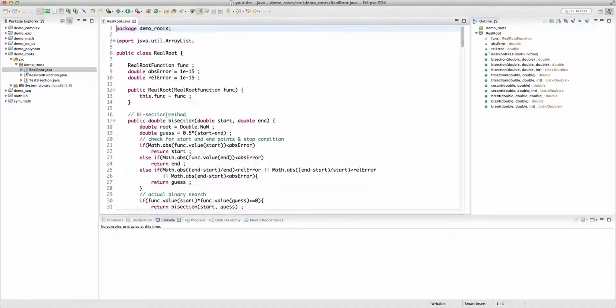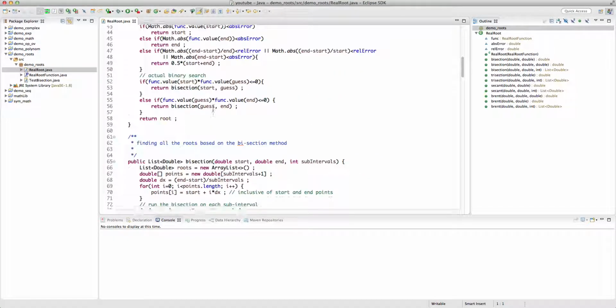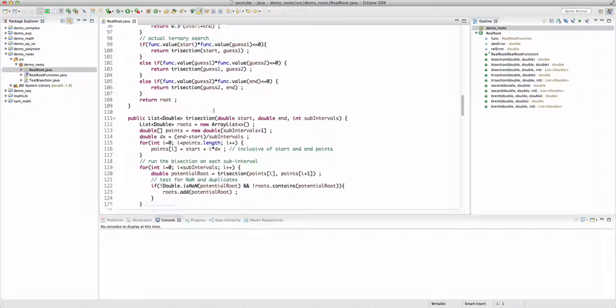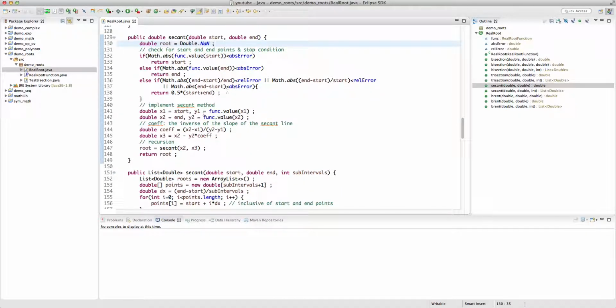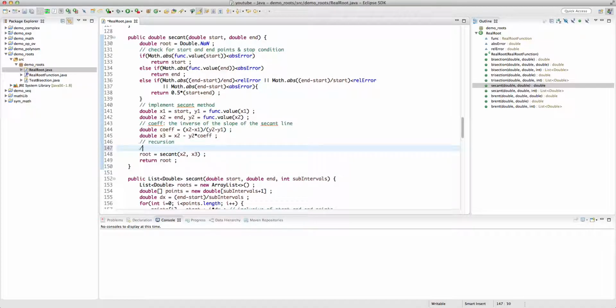So I'm going to go to the real root class, and in the secant method, instead of just going into x2 x3, I'm going to look for the valid bracket.